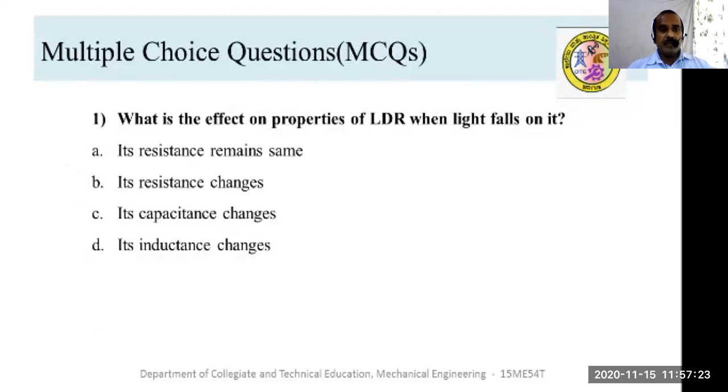Coming to the multiple choice questions. The first question is, what is the effect or property of an LDR when light falls on it? Its resistance remains the same, its resistance changes, its capacitance changes, its inductance changes.